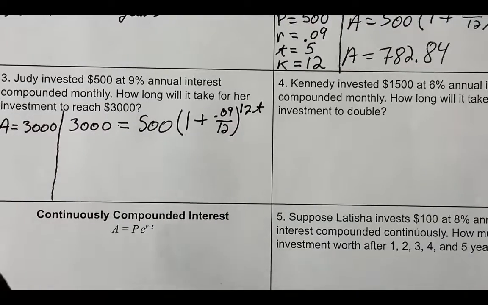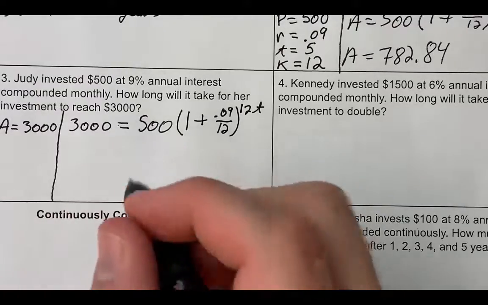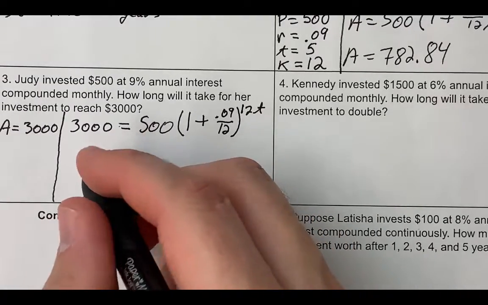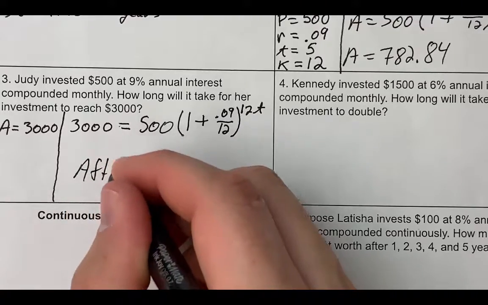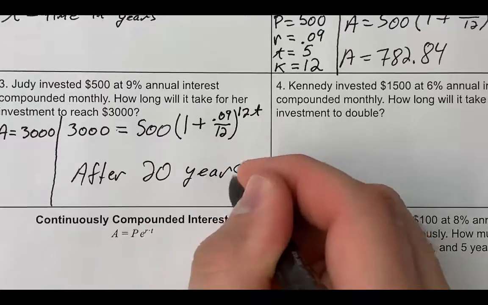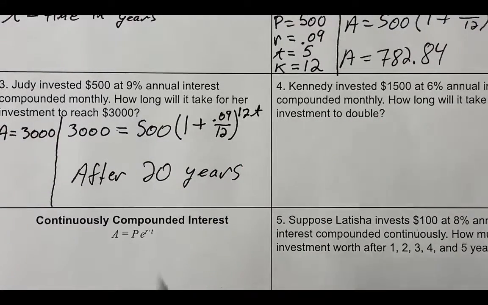That x value where they cross is the amount of time it takes to turn that 500 into 3,000. When you graph them, you find the intersection at x equals 20, approximately. So after 20 years. You might want to try that real quick and see if that's what you end up with, and see if you're typing everything in correctly.